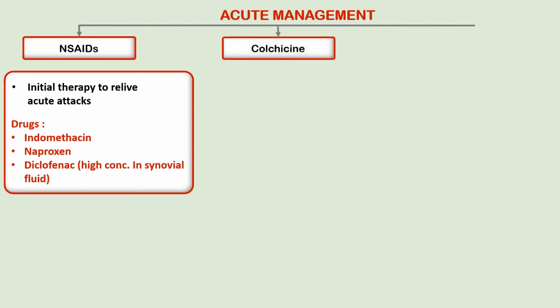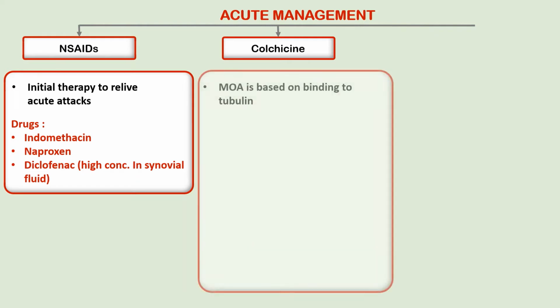Next is colchicine. This colchicine is an alkaloid mainly used to relieve acute attack of gouty arthritis. It is not an analgesic nor a uricosuric agent. This drug acts by inhibiting the migration of granulocytes to the affected area. And this is attained by binding with the microtubules.